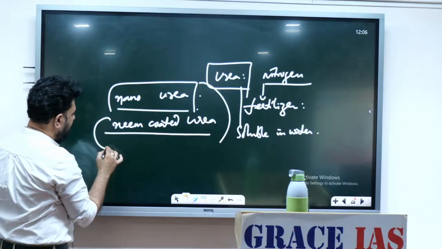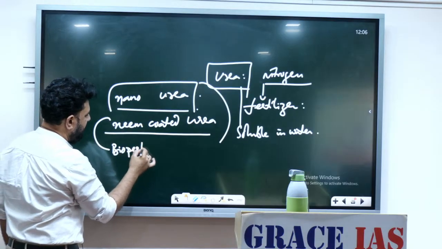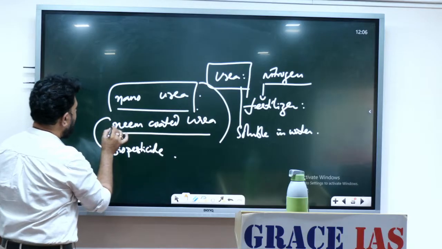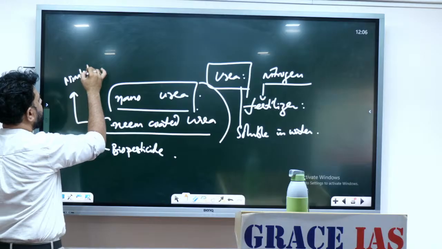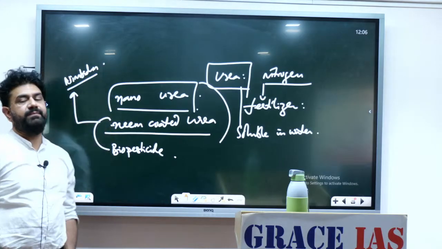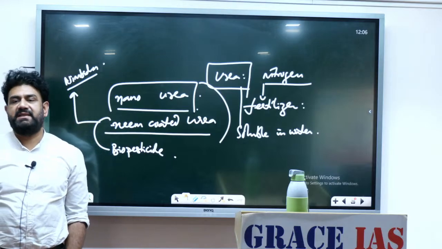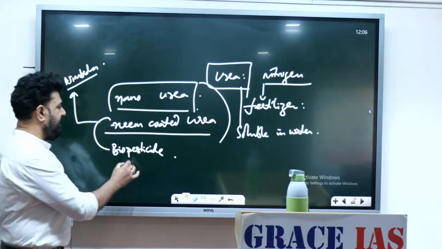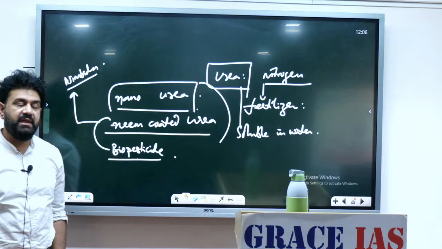Next is neem coated urea. Neem is what? A very effective biopesticide. Why? Neem has an alkaloid, nimbidin, in it. Nimbidin kills bacteria, viruses and fungi, and is bitter in taste, so it repels pests. Hence neem is a natural biopesticide.